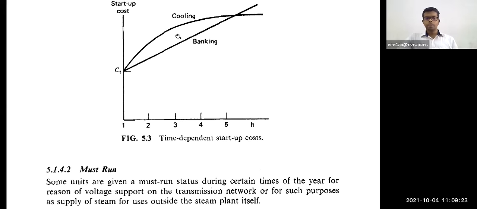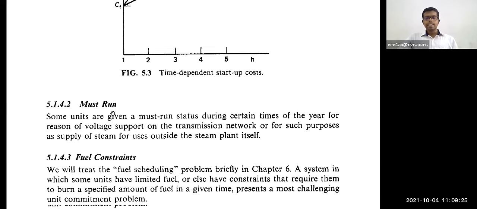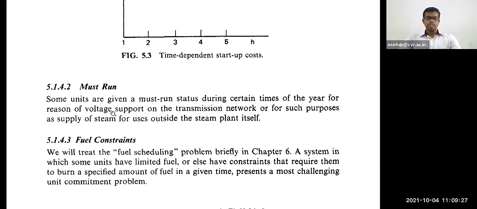So this is the cooling and banking we have already seen. Next is must-run generating units. This is also one of the constraints. So what are must-run generating units? Some generating units are must-run units that are running during certain times of a year.